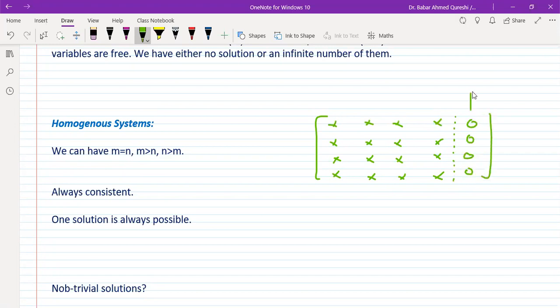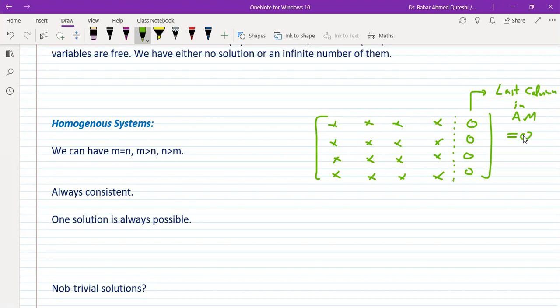So this last column in the augmented matrix, if this is zero, then you just call it a homogeneous system. Otherwise, there is no restriction on how many rows you have or how many columns you have.